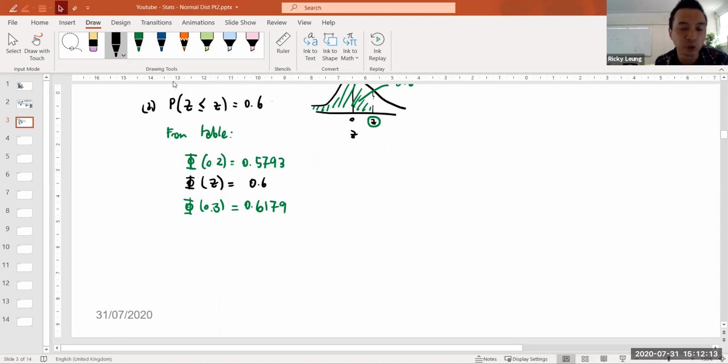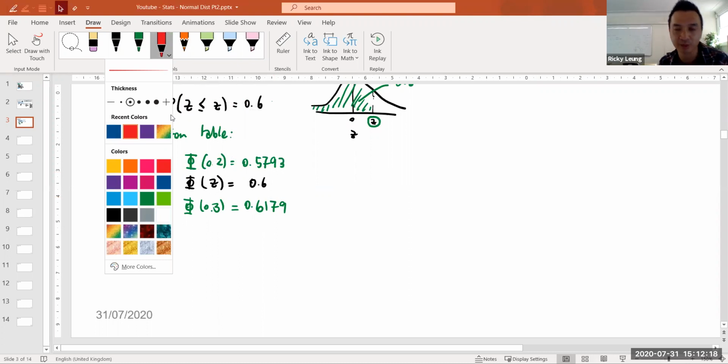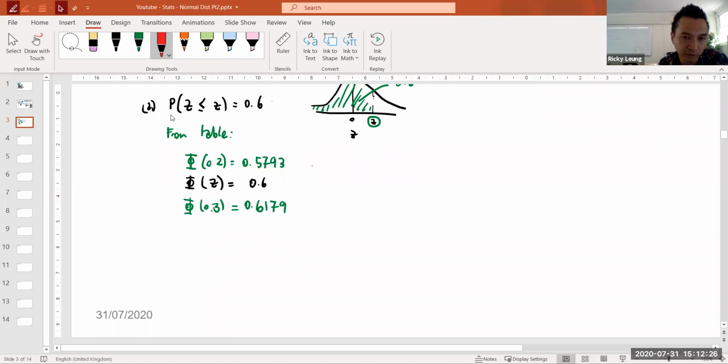Now, what does interpolation mean? I'll use a different colored pen to give you an idea. Basically, these two green lines both represent a point on the graph. If I connect the dots, a straight line is created. I want to know along that straight line which z value gives me 0.6.